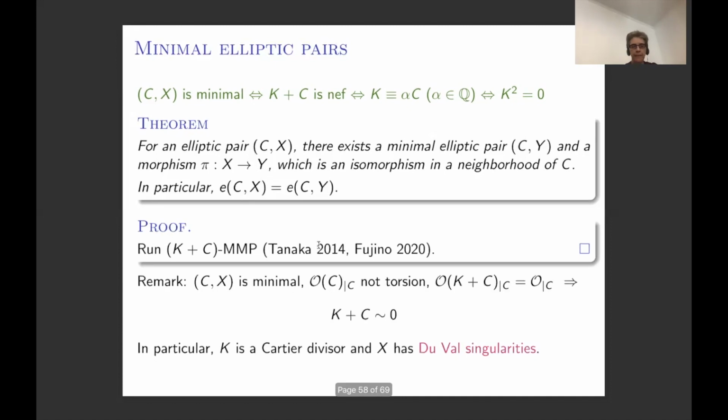A technical remark here is that if you start with a minimal elliptic pair such that the restriction of C to itself is not torsion, then by adjunction, combined with the fact that K has to be this rational multiple of C, K plus C has to be linearly equivalent to 0. So in particular, K is a Cartier divisor, and under our assumptions, this implies that X has Duval singularities.